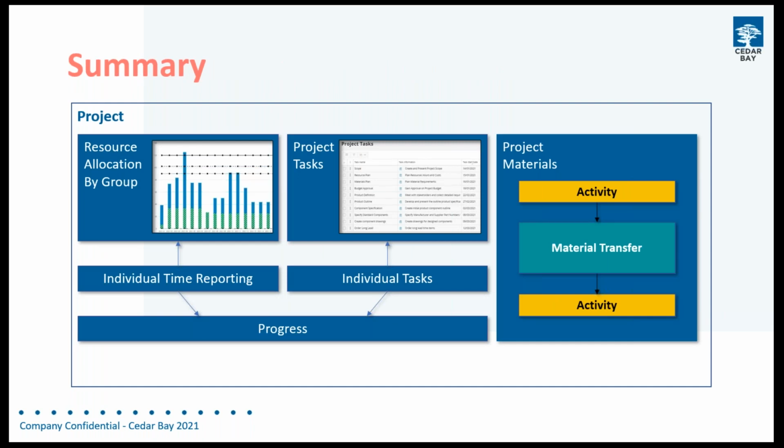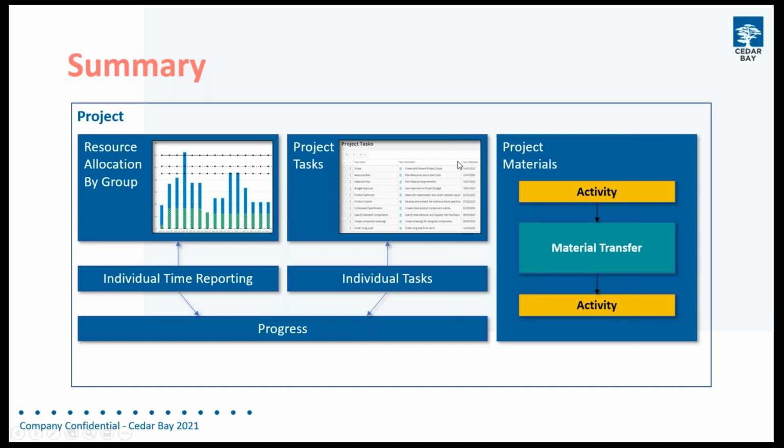Okay. So in summary, what we've seen here is that we can allocate resource by group, and we can look at groups of resource in two ways, either as a number of resources in a group, or by very specific individuals and how they work within the group. We can see how the individual time report in there affects our planned resource and available capacity.